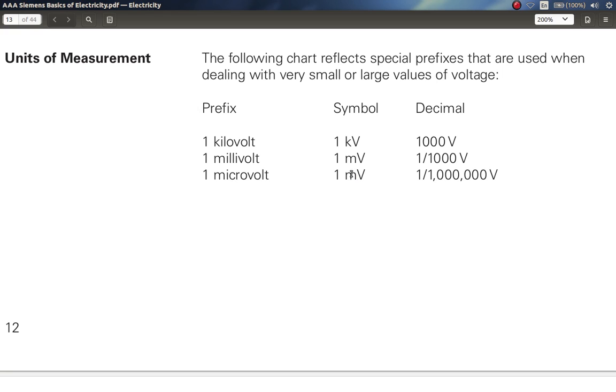Micro is shown by the Greek letter mu, right? Not M, as they put here. In any case, I've seen a few errors in this document, such as misspellings, but I will highlight them as I go along and identify them.